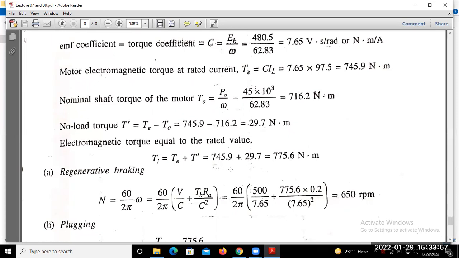Just put this value at this place, and you already found the EMF coefficient, that means C equals 7.65. So just put here 7.65, and V is given to you as 500 volt, and armature resistance is 0.2. Just simplify this equation.